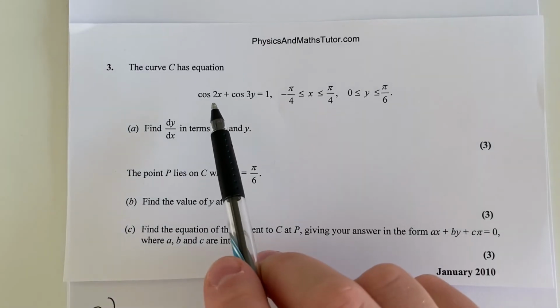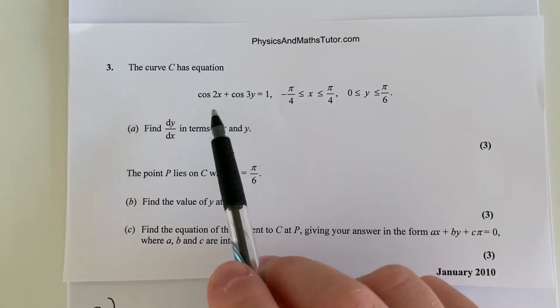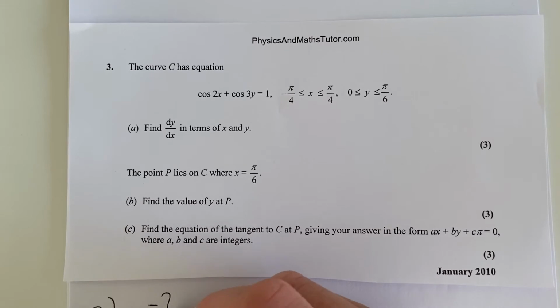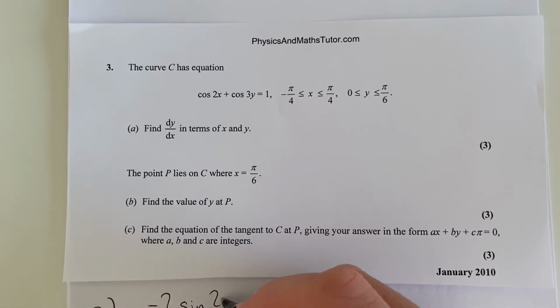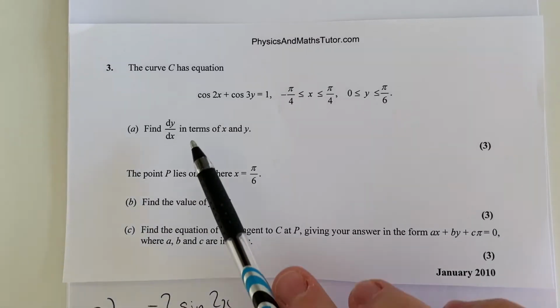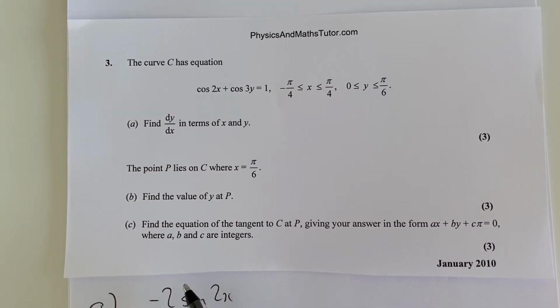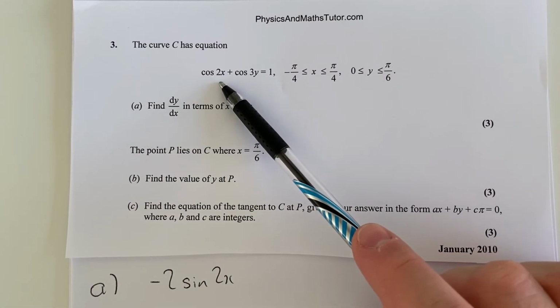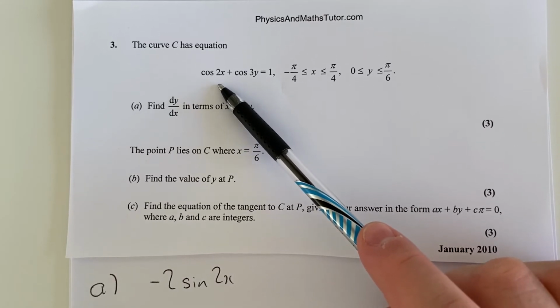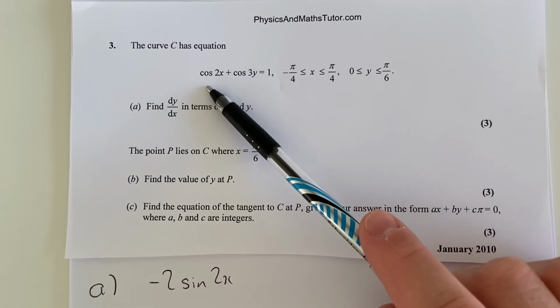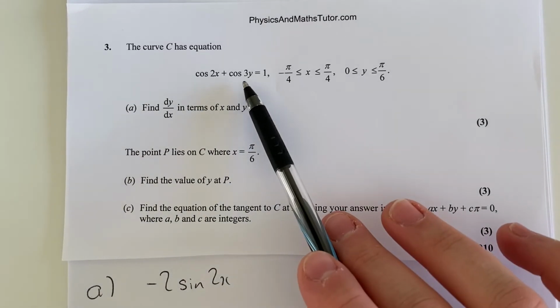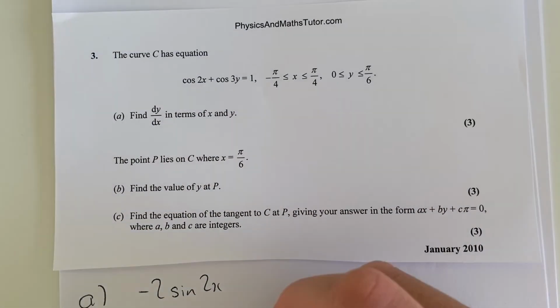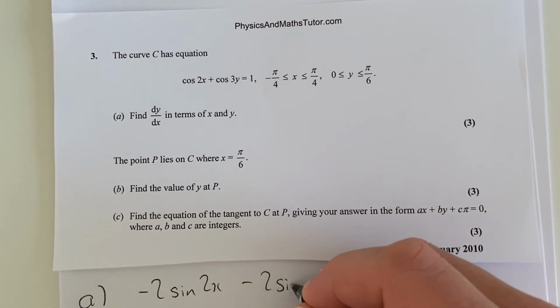So if we differentiate cos 2x, you would have minus 2 lots of sine 2x, because cos differentiates to minus sine, and if you have more than one x in your cos, then you have to multiply by that number there. Now, for your cos 3y, it will be the exact same thing.